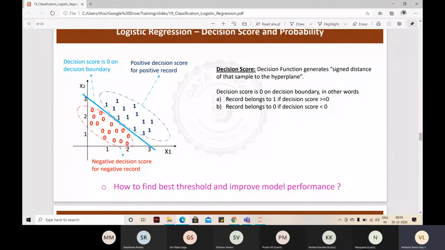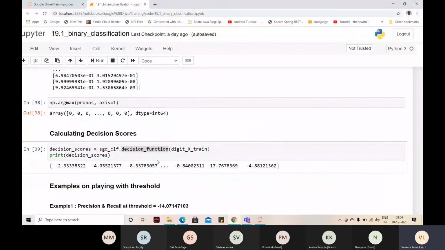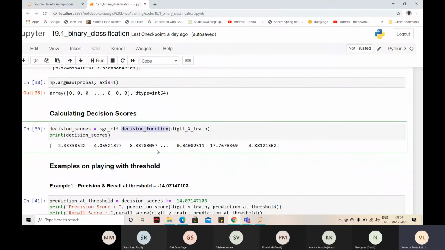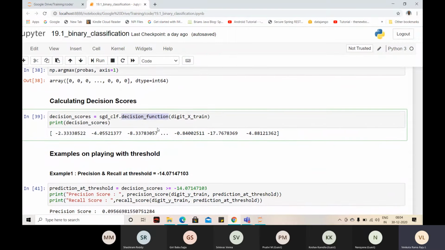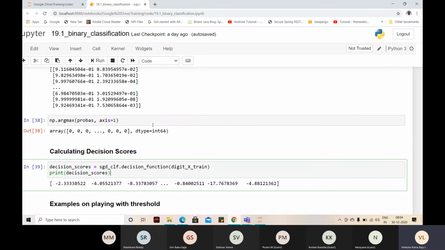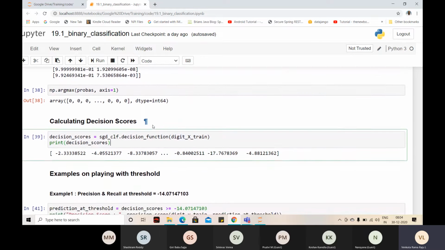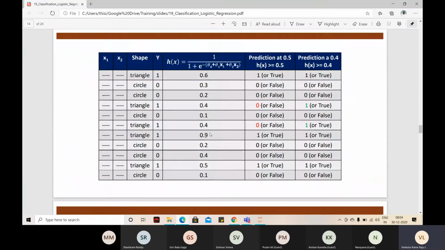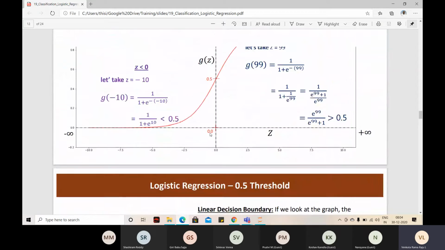If it is close, the decision score is going to be low. If it is far, the decision score is going to be high. So using decision score or probability, we can play with the precision and recall scores. I'm going to show you how to play with the decision scores and probabilities.